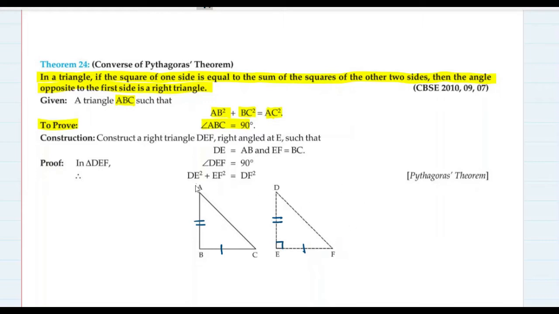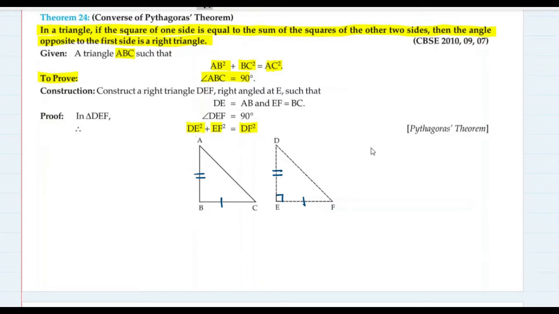So by Pythagoras theorem, can we say that DE square plus EF square is equal to DF square? Yes, sure, we can say that. So see the statement, DE square plus EF square is equal to DF square. This is by applying Pythagoras theorem in triangle DEF.